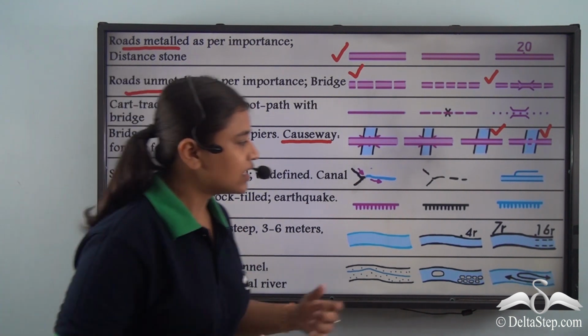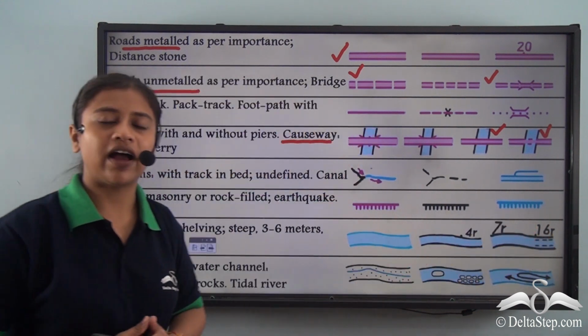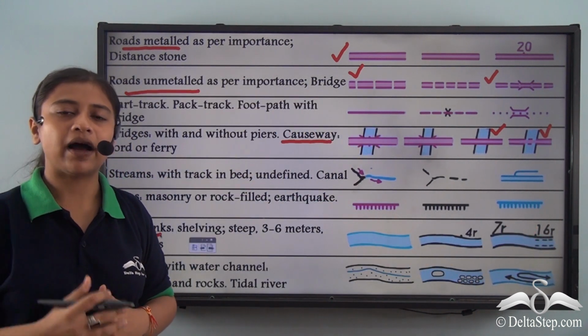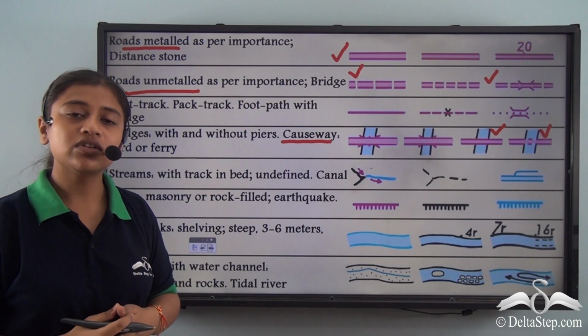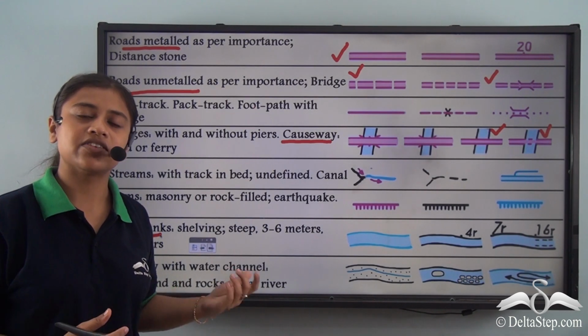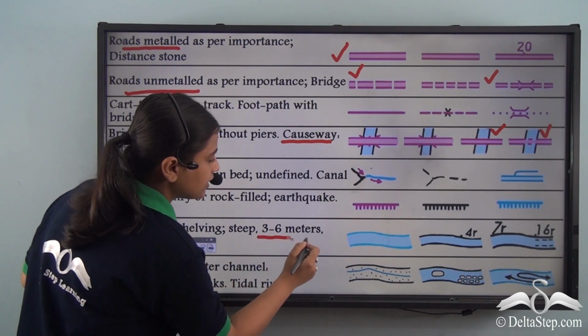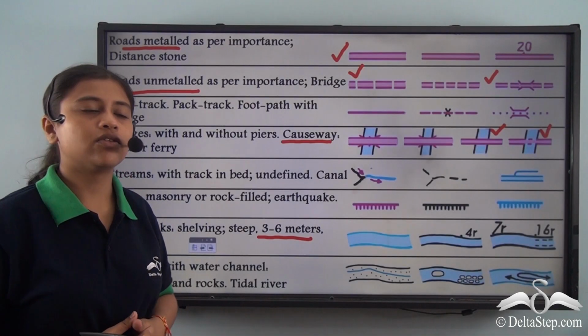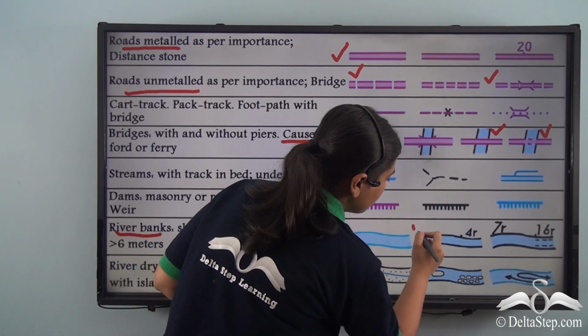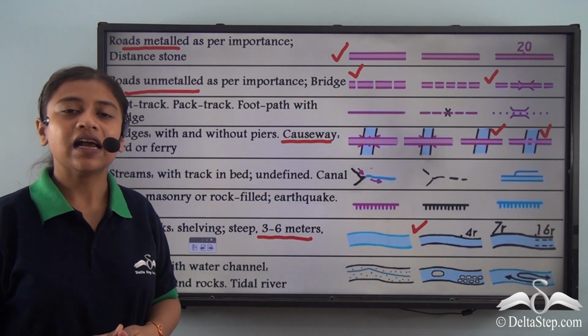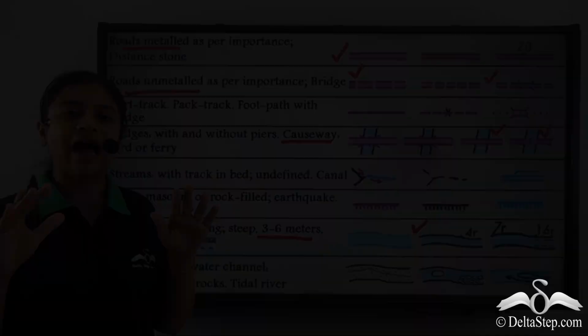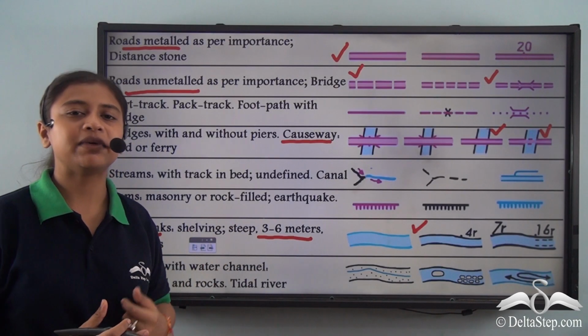Now what do these numbers signify right beside the river bank? They tell us about the elevation of these river banks. For example, 3 to 6 meters, this could be denoted by a symbol like this, which means that the river banks are at a steep of 3 to 6 meters.